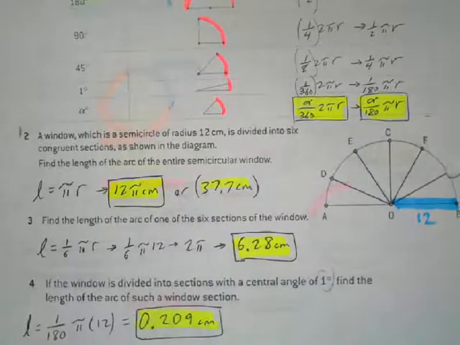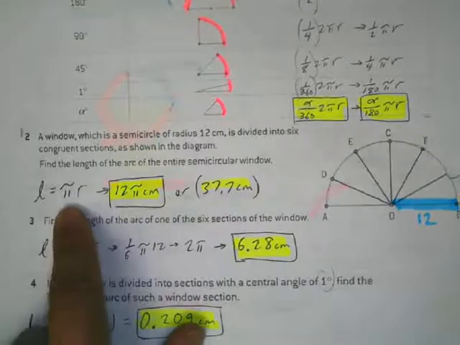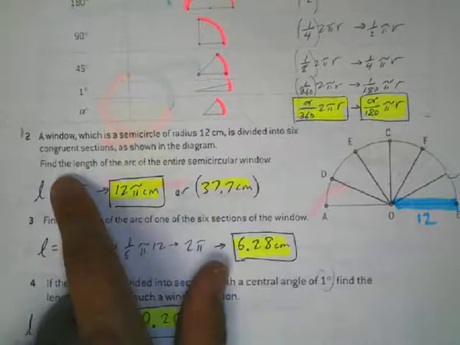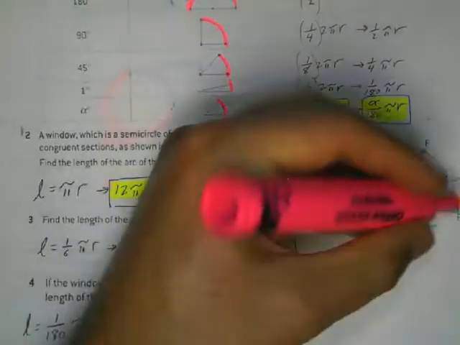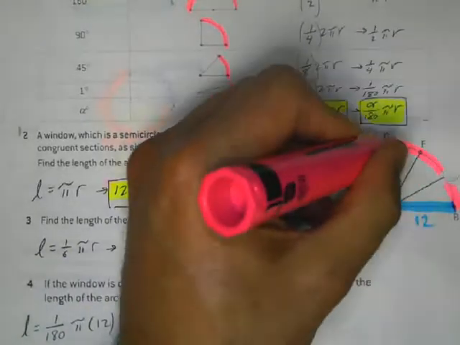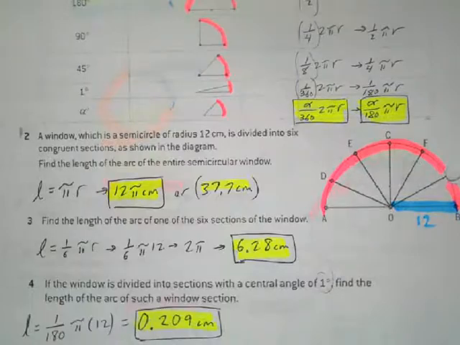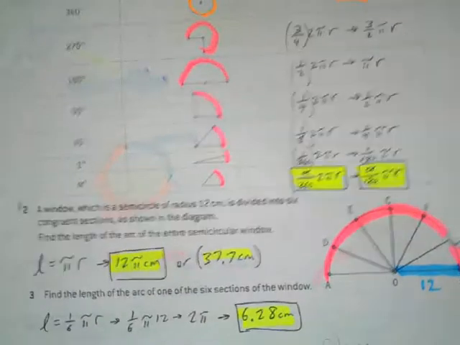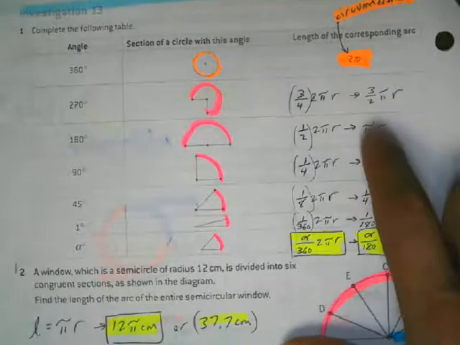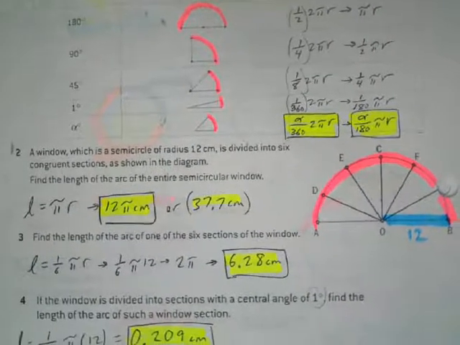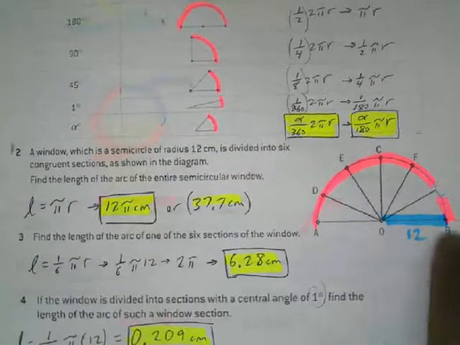Find the length of the arc of the semicircle, so we want to find this length all the way around. If it's half of a circle, it's going to be pi times r, because all the way around the circle is 2 pi r, so half of that is just pi r. Well, the radius is 12.